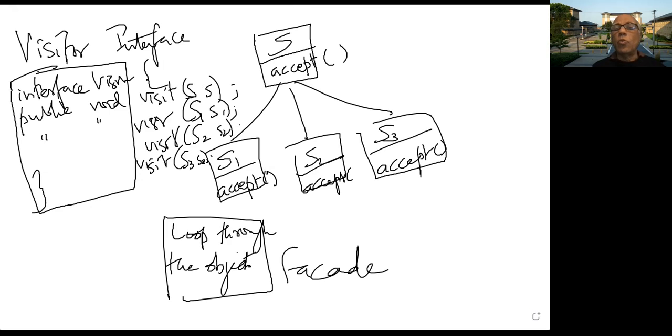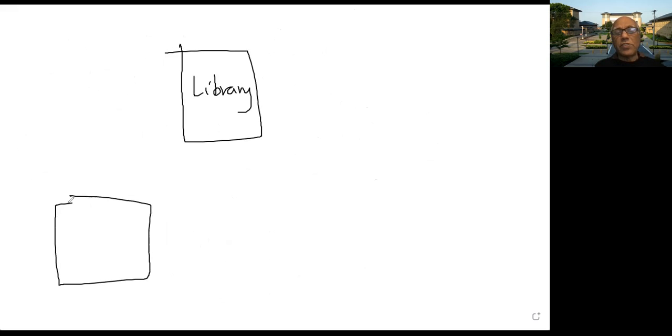But then what do you do? What is the plan? The plan is this. I need to clear this stuff, otherwise I don't have space. So if you're talking about the library, we have the visitor interface.